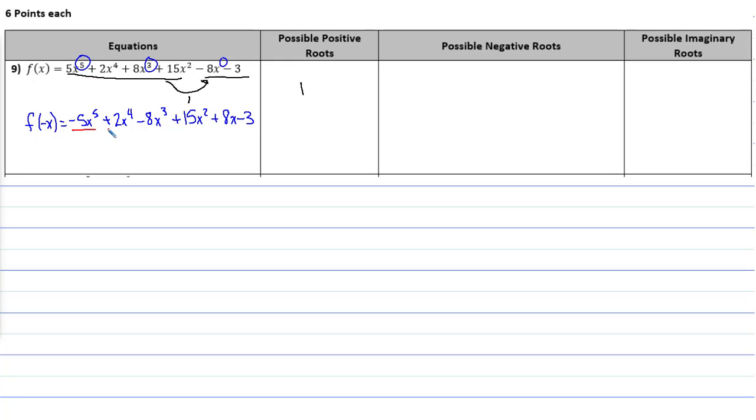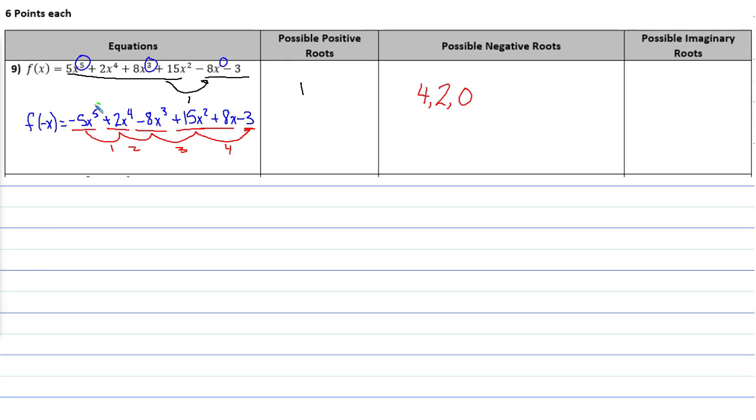So 1, and then I change to positive, and then I change back to negative, then I change back to positive, and I stay there, and then I change again. So I need to count my sign changes: 1, 2, 3, 4. So I start at 4 and I count down by 2. So the next number is 2 and the next number is 0.